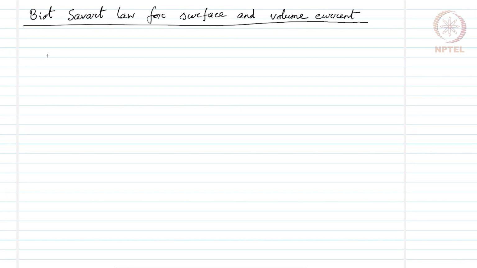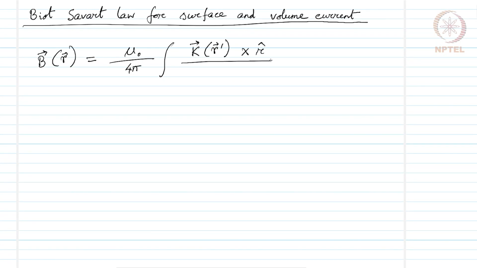If we have a surface current, then the magnetic field can be expressed as mu naught over 4 pi integration over the surface current density k, that is a function of r prime, that is the source coordinate system, cross r cap over r squared dA prime. This is for surface current.